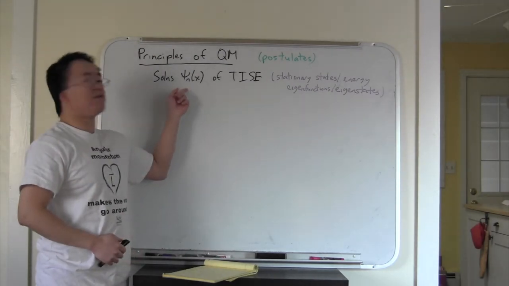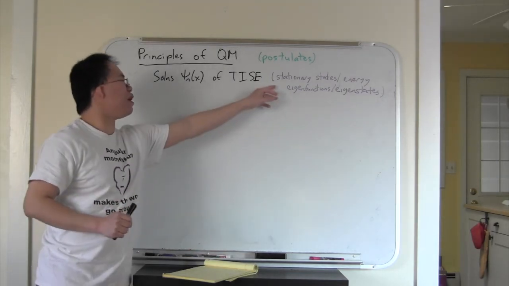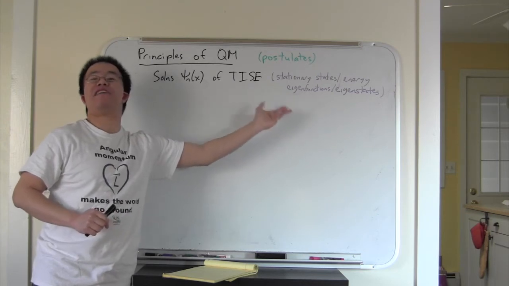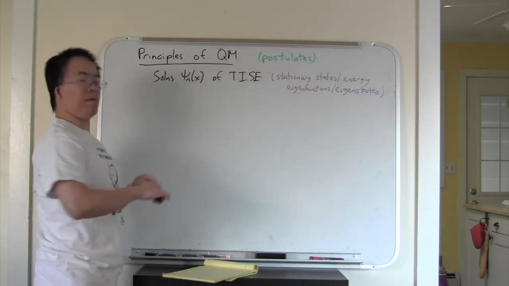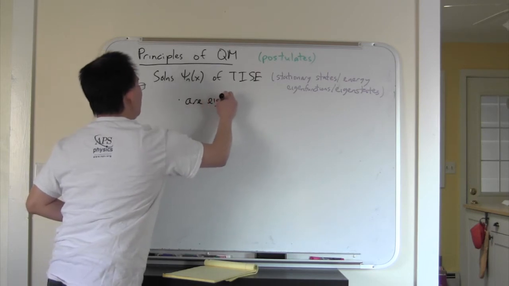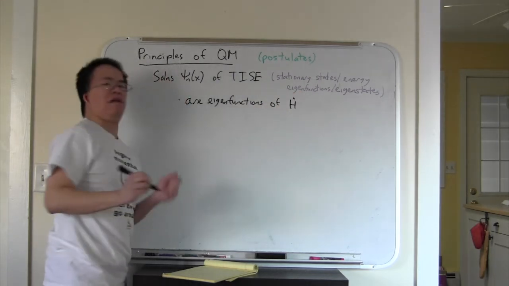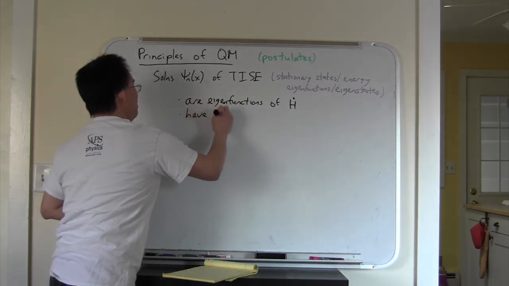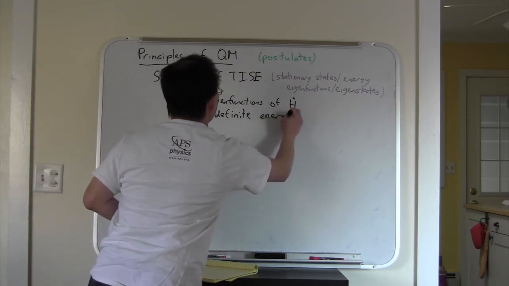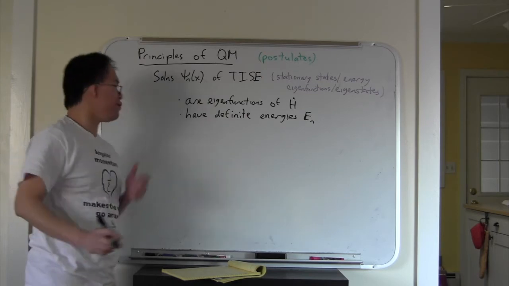So to remind you, the solutions psi sub n of x of the time-independent Schrodinger equation, we've called them a couple of different things. We started by calling them stationary states, and then last time we learned that they can also be thought of as energy eigenfunctions or energy eigenstates. These are states that are eigenfunctions of the Hamiltonian. They have definite energies E sub n. Moreover, they time evolve in a very specific way.